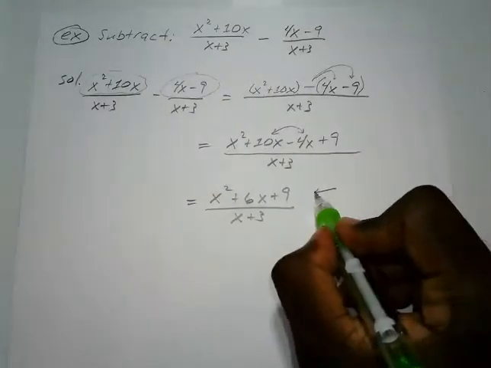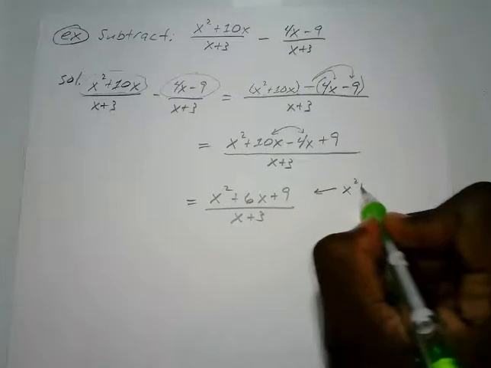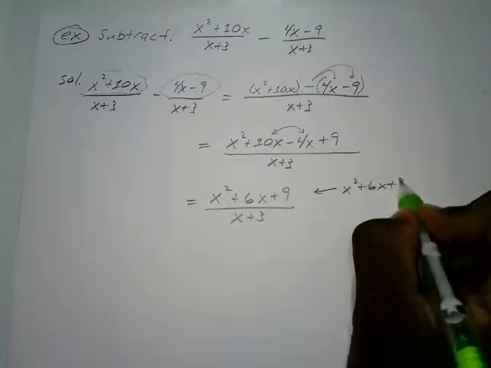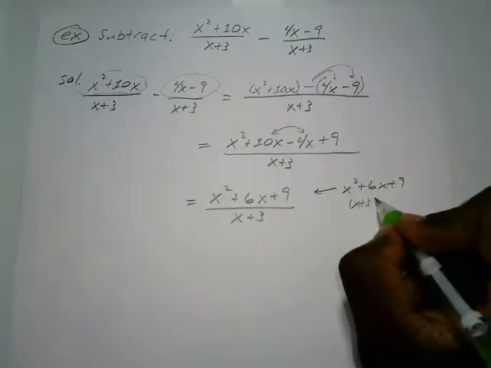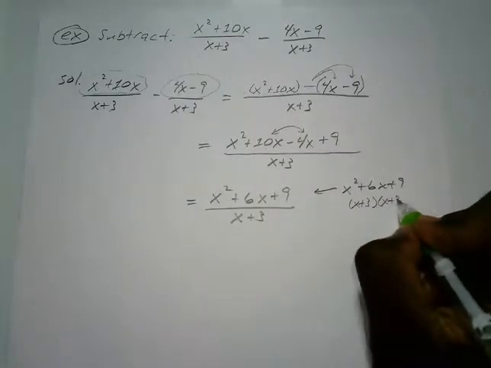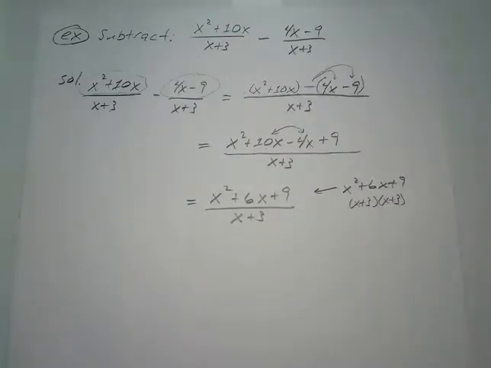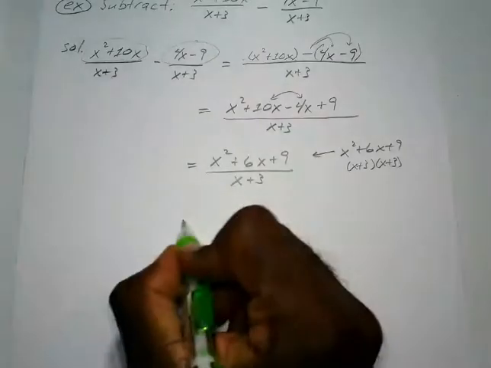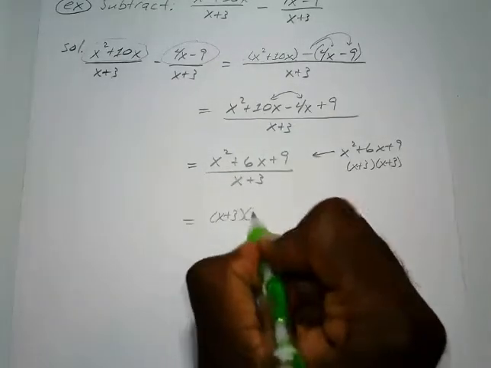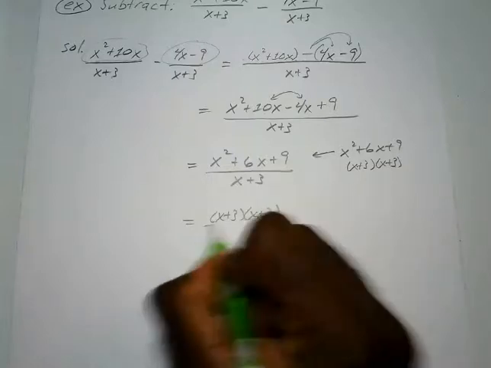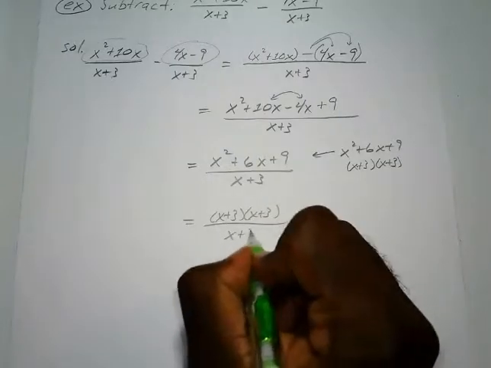Okay, so if you realize that x squared plus 6x plus 9 actually factors into x plus 3 times x plus 3. Okay, so that gives us x plus 3 times x plus 3 all over x plus 3.